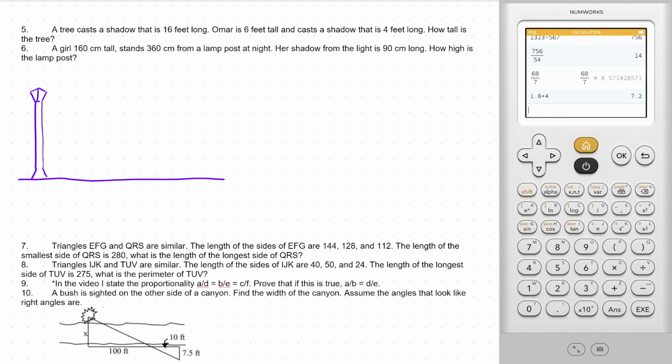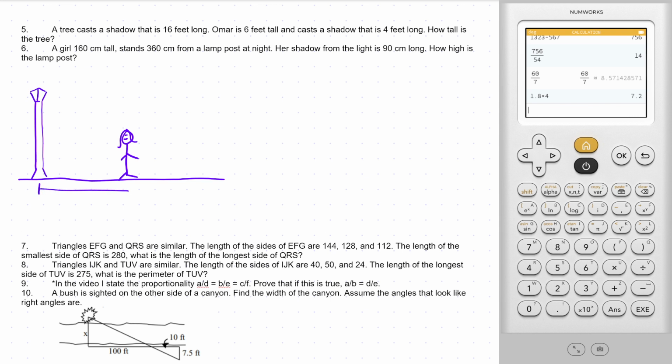All right, and then it says a girl standing some distance from the lamp post. Here we go. Clearly she is very happy to be standing some distance from the lamppost. And what is this distance?